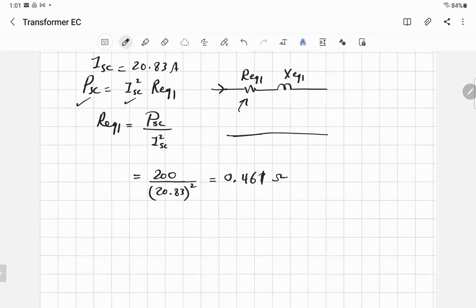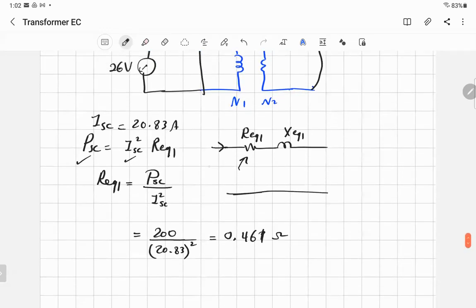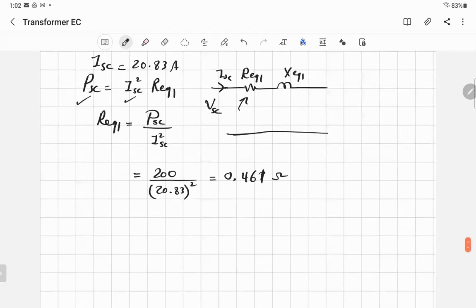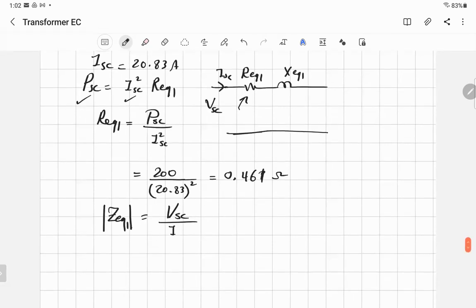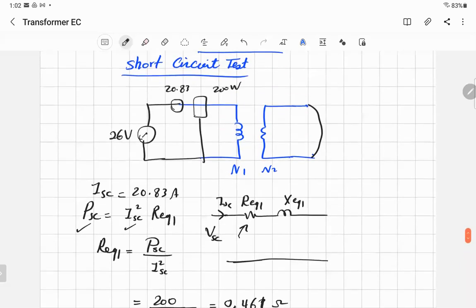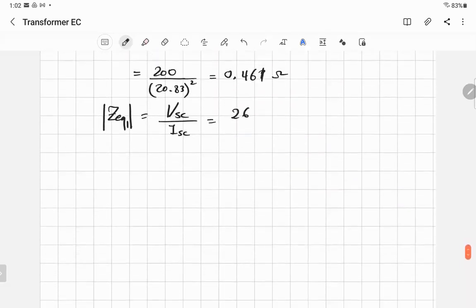Right. Now I want to find X. If you know the voltage and you know the current, what happens when you divide the voltage by the current? Impedance magnitude. All right, good. So Z equivalent 1 magnitude equals the short circuit voltage divided by the short circuit current. The voltage was 26 divided by 20.83, and then you get the equivalent.